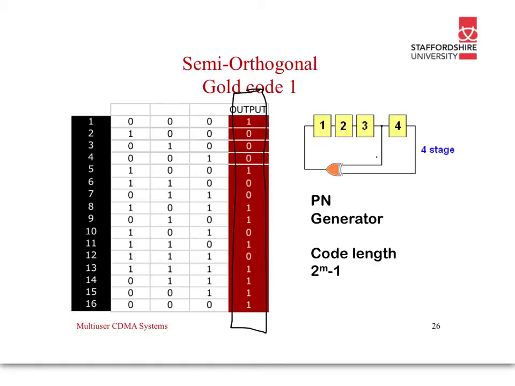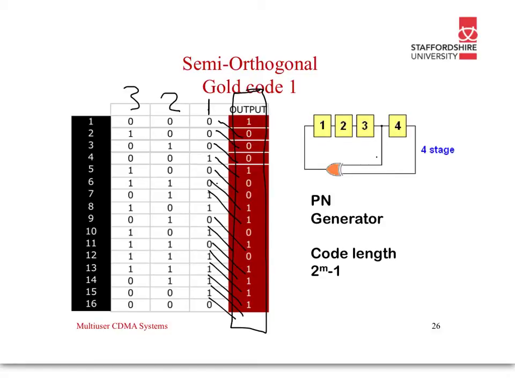One user could be given this code. You'll notice that this code here is time shifted by 1. So essentially every single output is a time shifted version of the other. So that's time shifted by 1, that's time shifted by 2, and this is 3.